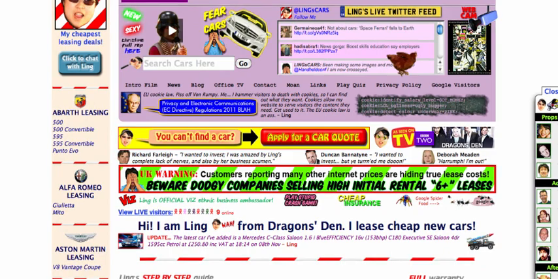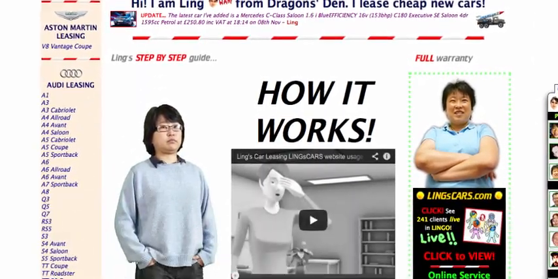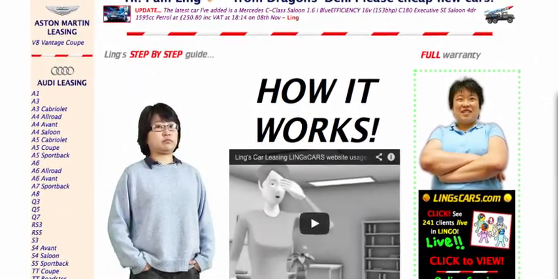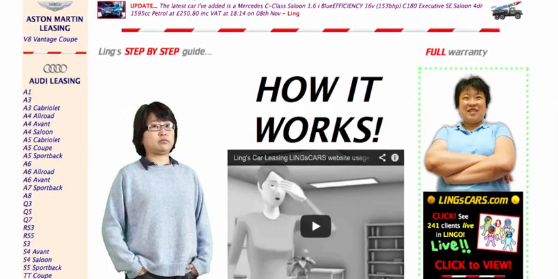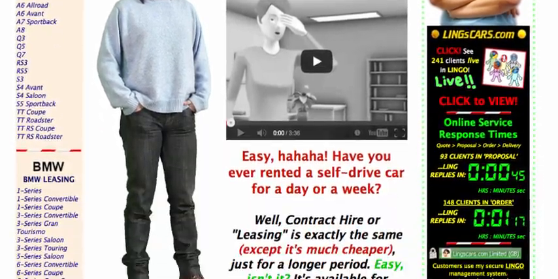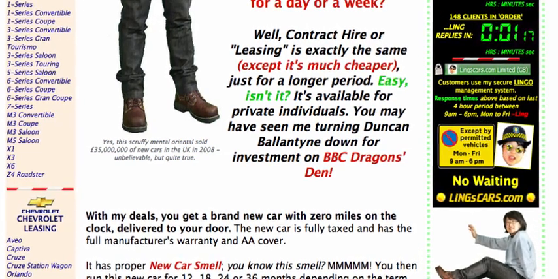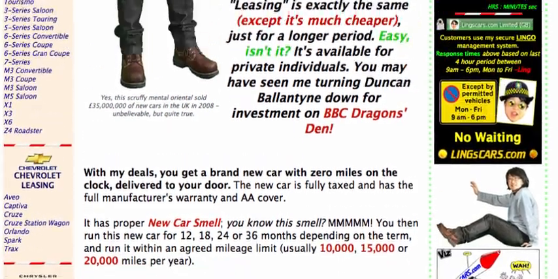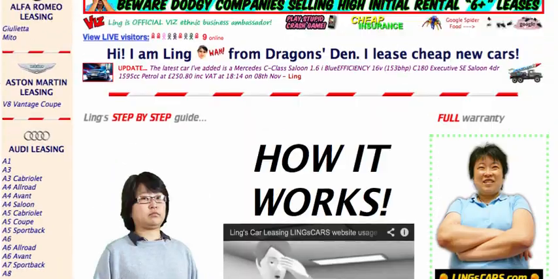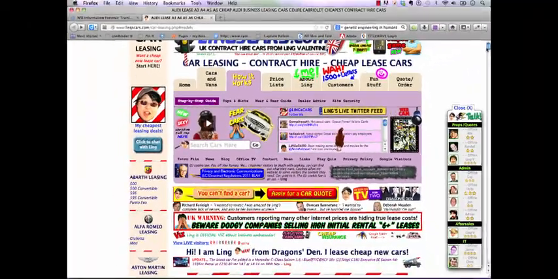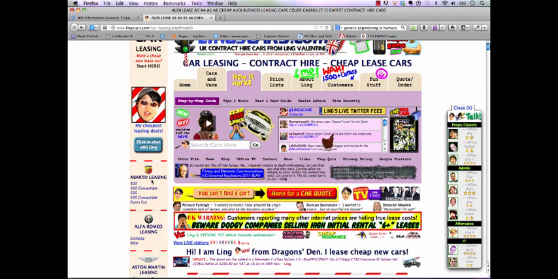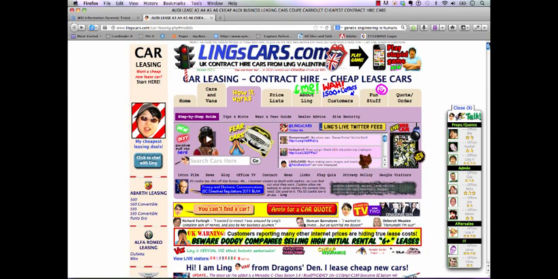There's lots and lots of information on here explaining how it works, talking about this particular owner who has pictures all over of herself. It talks about the deals, and there are pictures. It's a very long site to scroll through, and there are an incredible number of links on the side for all the different types of vehicles. This is a very poorly designed site and would be difficult to navigate.